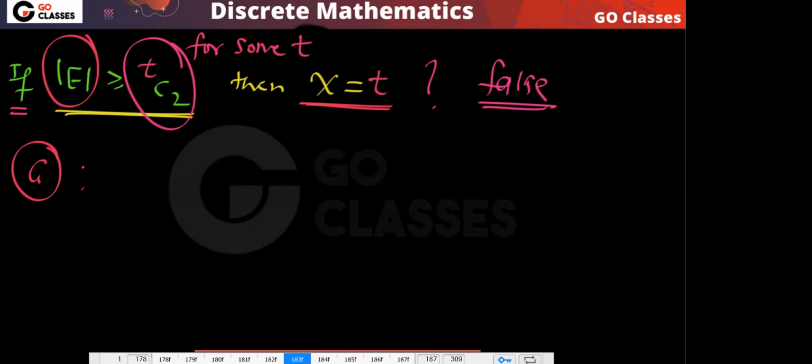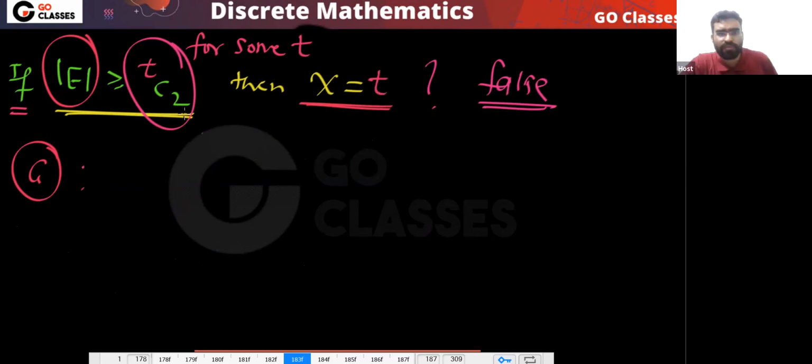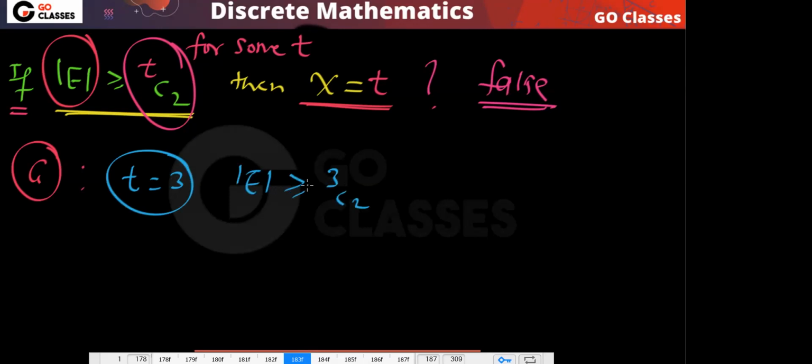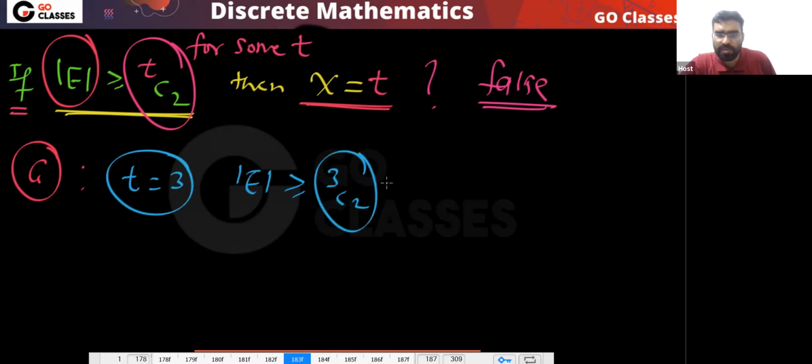For example, let me take T equal to 3. It means your number of edges is greater than or equal to 3C2, and 3C2 is basically 3. So your number of edges is greater than or equal to 3.